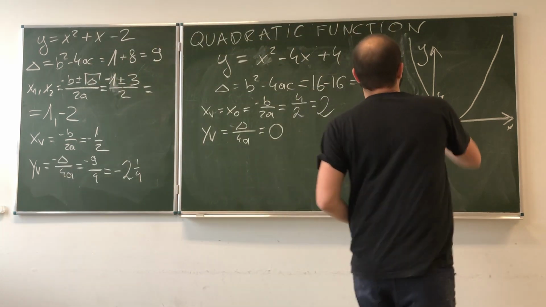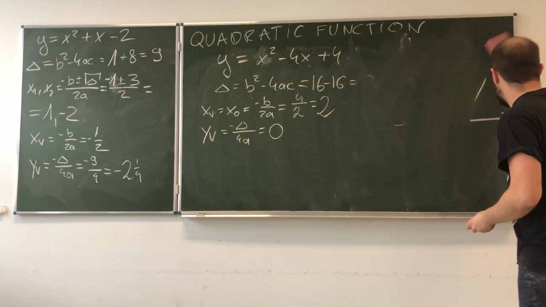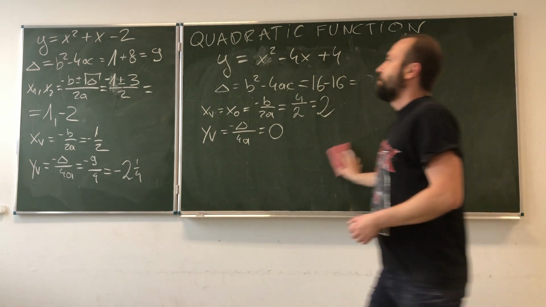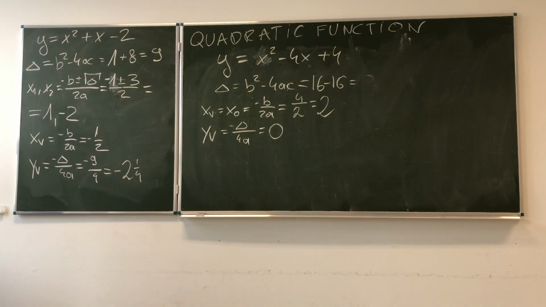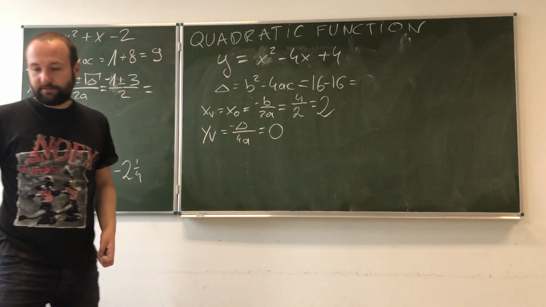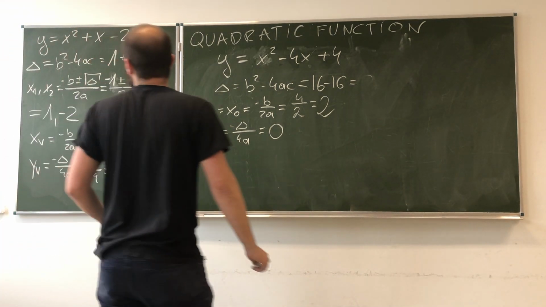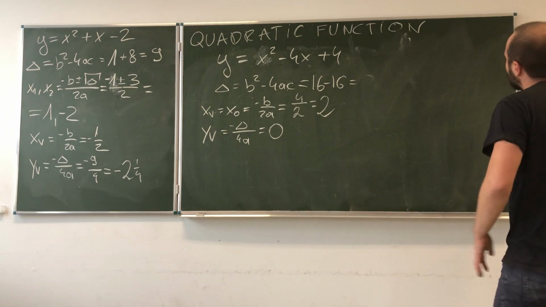And now we have enough information to draw the parabola. We of course again see that a is equal to 1, so the parabola will have its arms up. Okay, so how do we draw it?